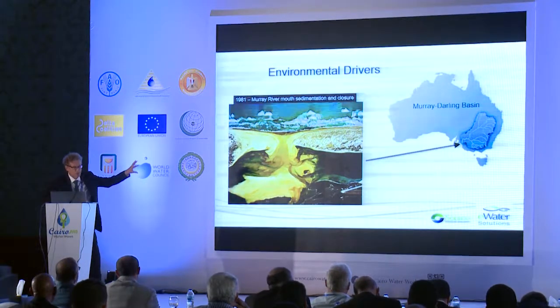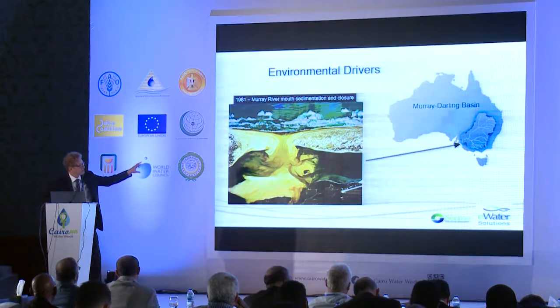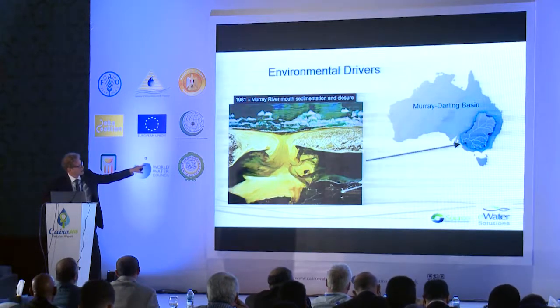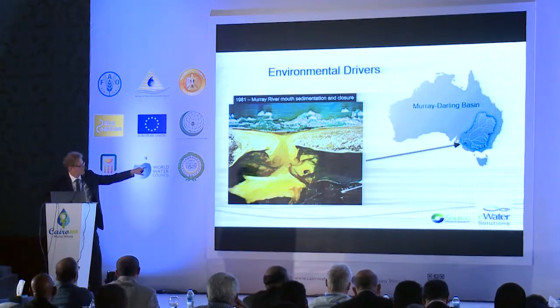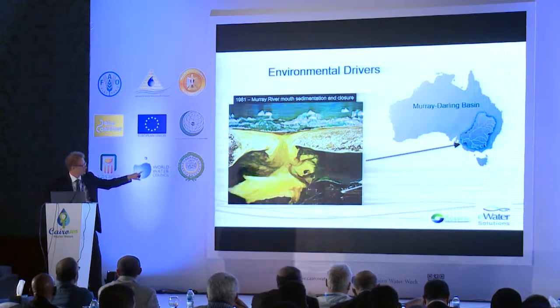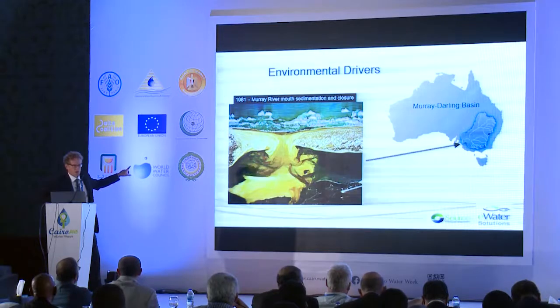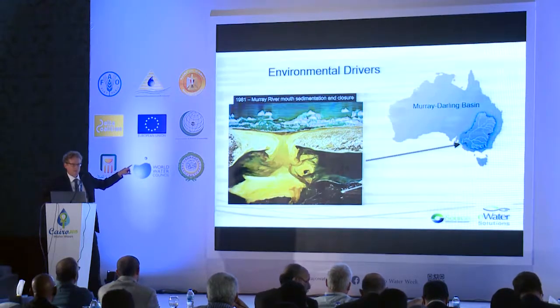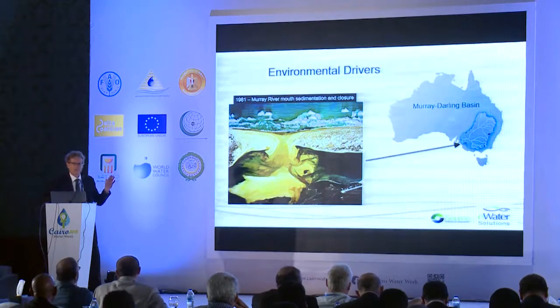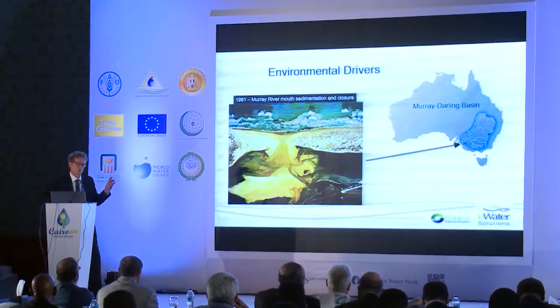So we have 1 million square kilometres of basin in the Murray-Darling, and this all flows to the Southern Ocean at that point. But in 1981, the mouth closed, and for several years afterwards, the mouth closed. And then for a whole decade between the year 2000 and 2009, there was no flow through the mouth of this basin.